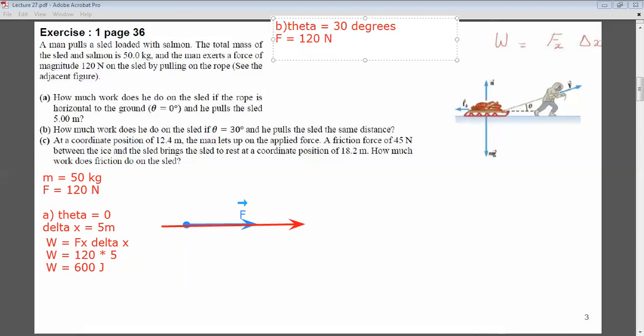And the distance is the same, delta x equal 5 meters. So we also draw. Now this is my object. The angle is 30 degrees from the horizontal. This is my force F.